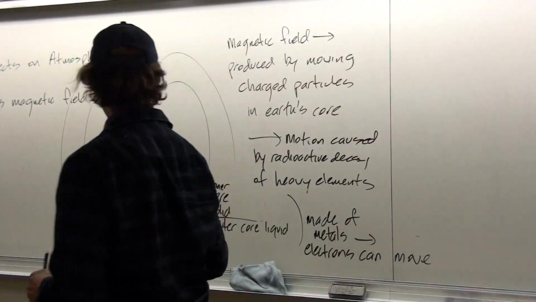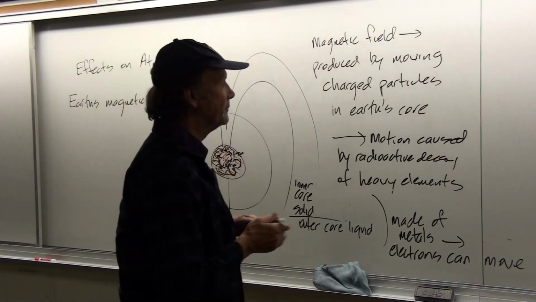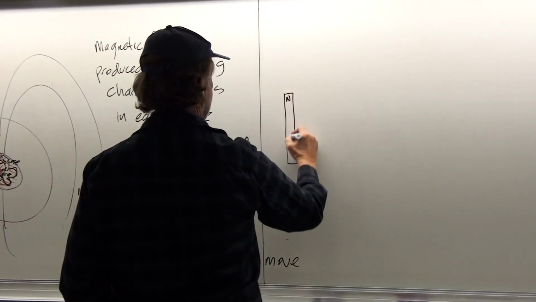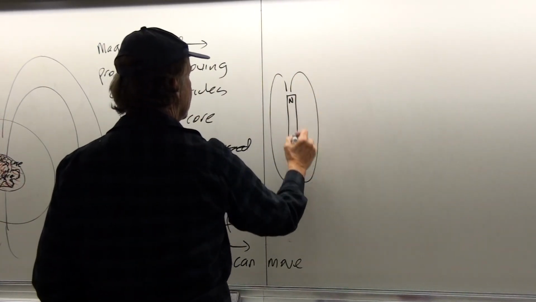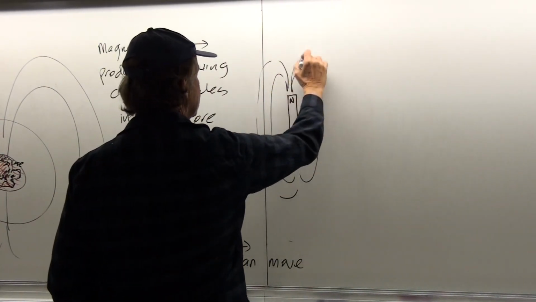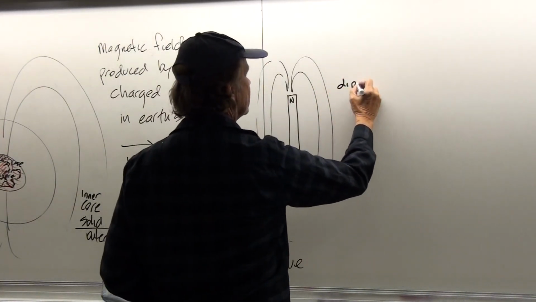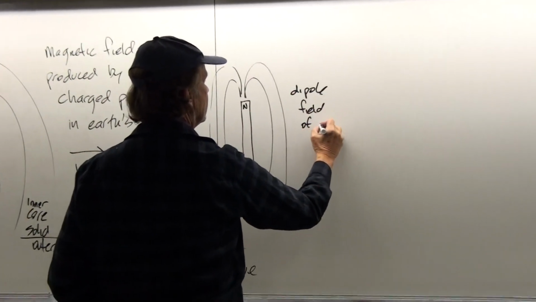Now, the magnetic field of the Earth looks very much like the magnetic field of a bar magnet. You may have seen this before, where you have a north and a south pole of a bar magnet, and you sprinkle iron filings on this. What you end up getting is a certain characteristic pattern. This is called the dipole field of a magnet.